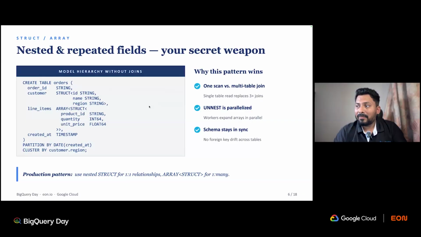Here the UNNEST will be parallelized, so workers always expand arrays in parallel. So we have to use nested and repeated fields, which will give better performance. And for production patterns, you have to use nested fields, like a STRUCT or an ARRAY of STRUCT, where we have the nested fields that will help us improve the performance of BigQuery.